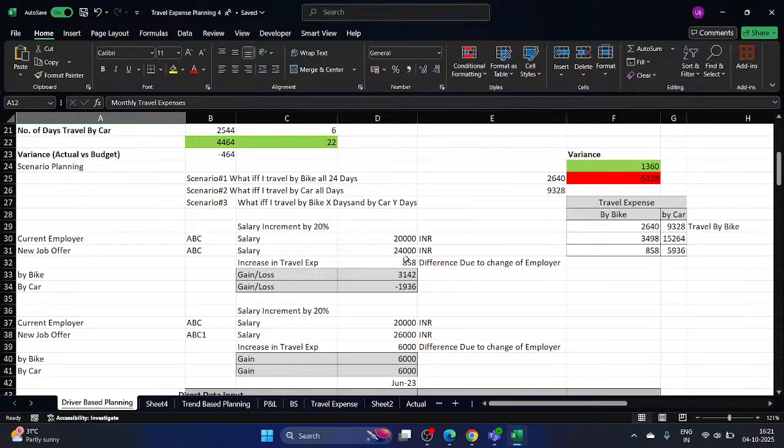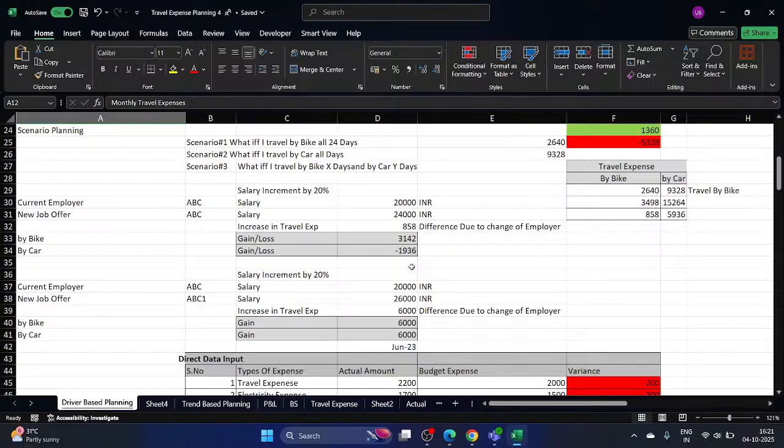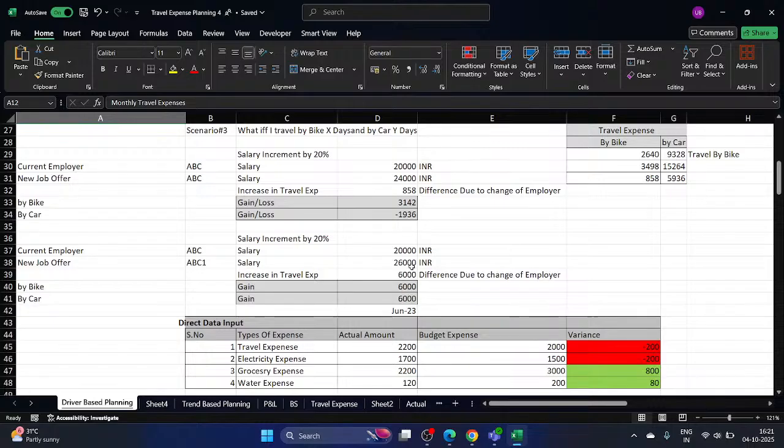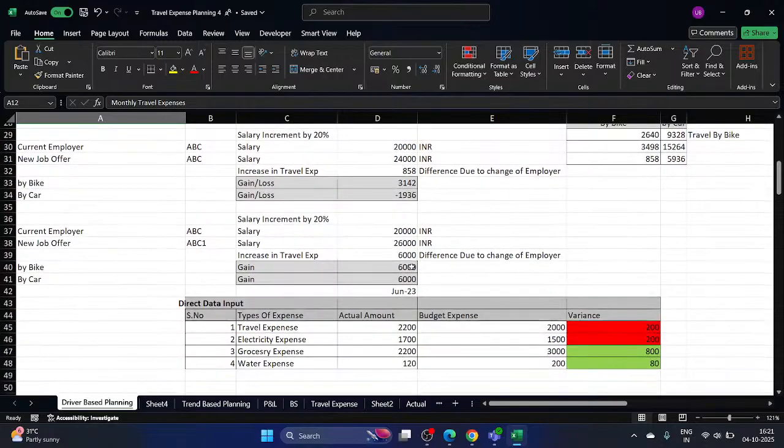Increase in travel expense: their travel expense would increase by 858, a difference due to the change of employer. Gain or loss 3142, 1936. Salary increment by 20%. Here the increase in traveling expense is 6,000, a difference due to the change of employer. By bike or by car.